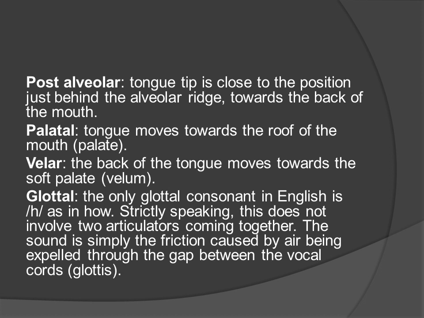The only glottal consonant in English is h, as in how. Strictly speaking, this doesn't involve two articulators coming together. The sound is simply the friction caused by the air being expelled through the gap between the vocal cords. So it's called glottal.